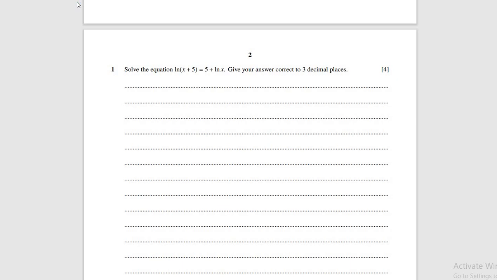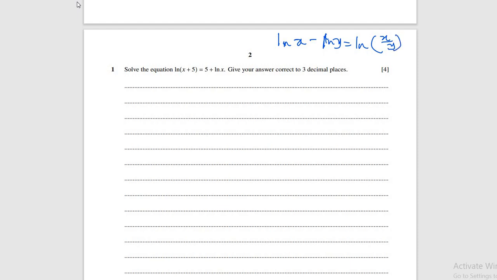call your attention back to the laws of logarithms. Remember, if you have something like this, ln x minus ln y, it simply means ln x over y.